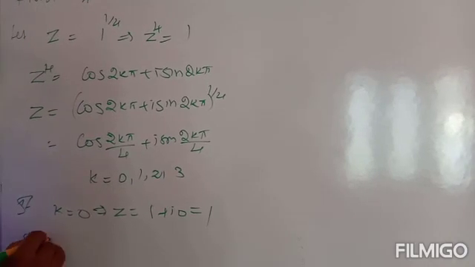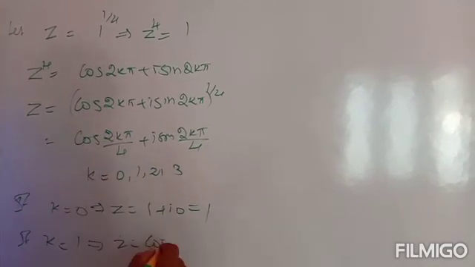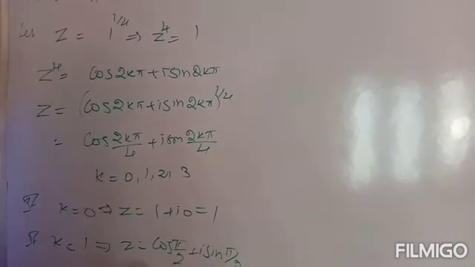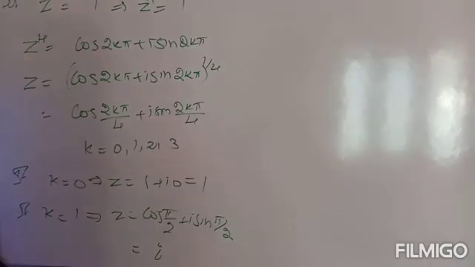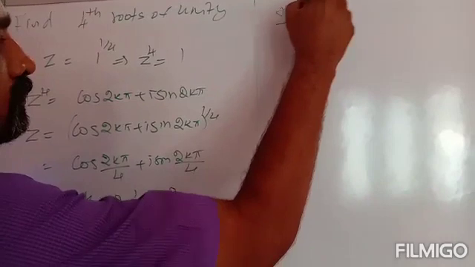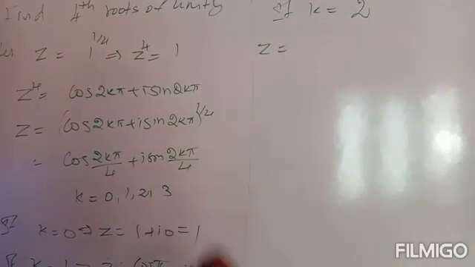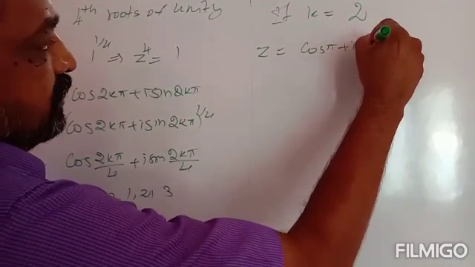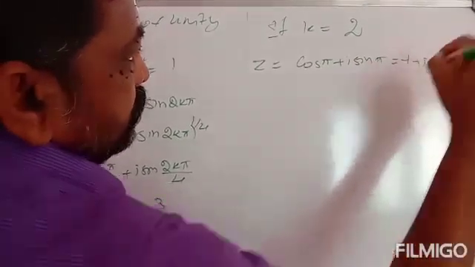Next, if k is equal to 1, z is equal to cos 2 pi by 4, that is cos pi by 2 plus I sin pi by 2, that is equal to 0 plus I, that is I. Next, if k is equal to 2, then z is equal to cos pi plus I sin pi, that is equal to minus 1 plus I 0, that is equal to minus 1.